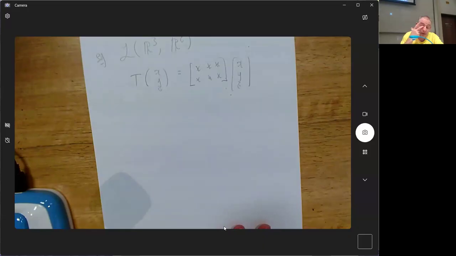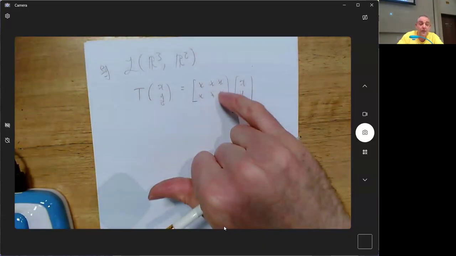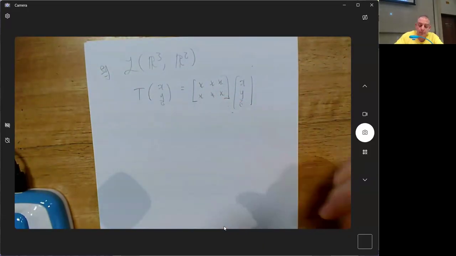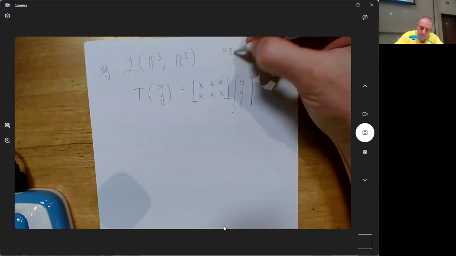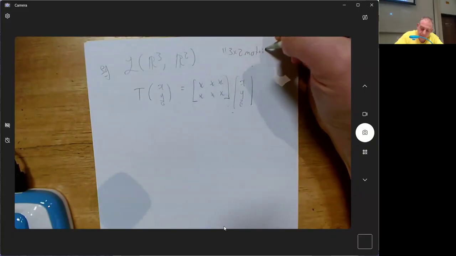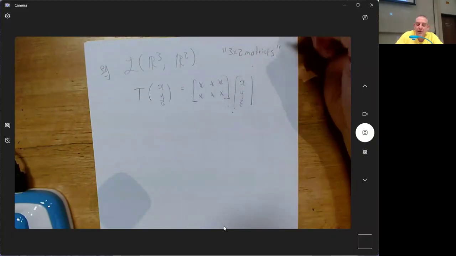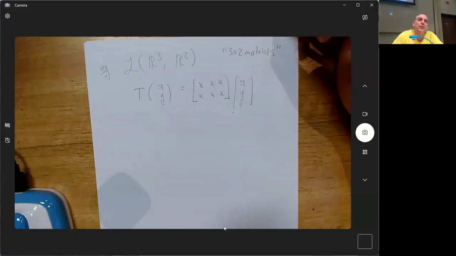That's what that is. It's all the matrices, more or less, that are 3 by 2. At least the linear transformations that go with the 3 by 2 matrices, that's what it is.